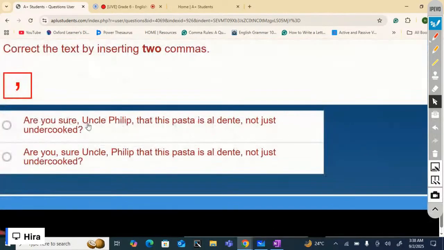Are you sure, Uncle Philip, that this pasta is al dente, not just undercooked? First or second?